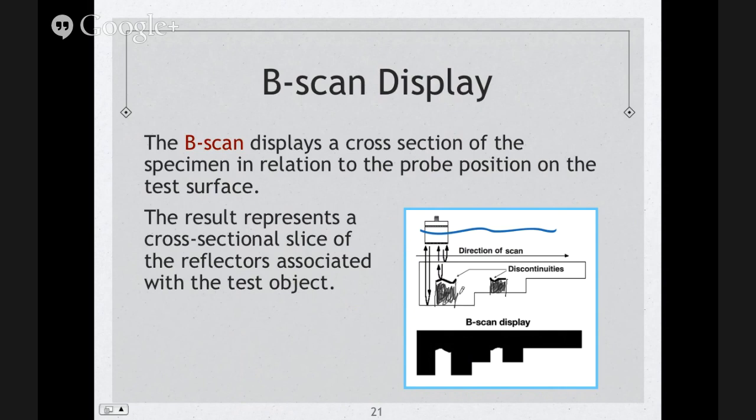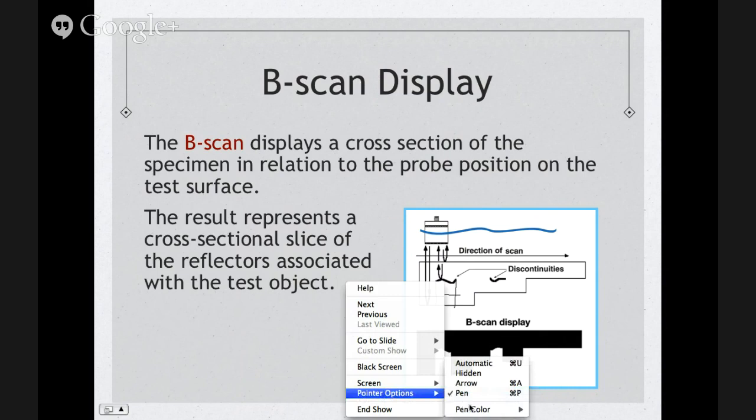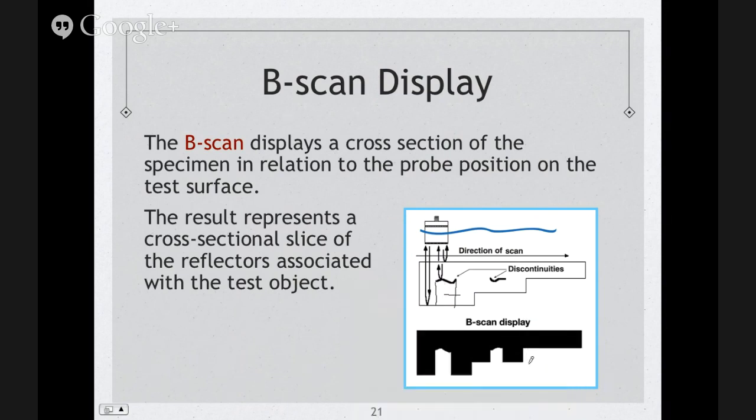In this case, let's say we had another defect here that extended somewhat like this. Well, in that case, your indication will look something like this. Why?